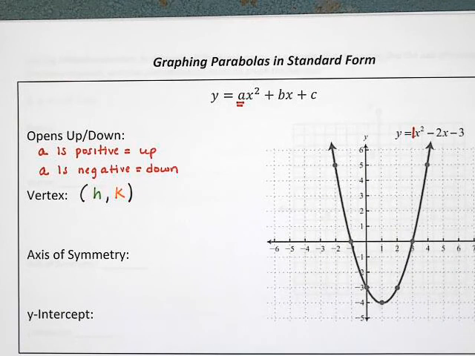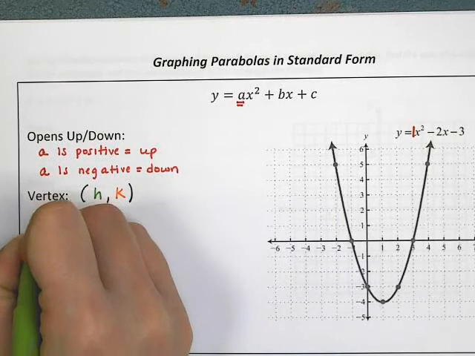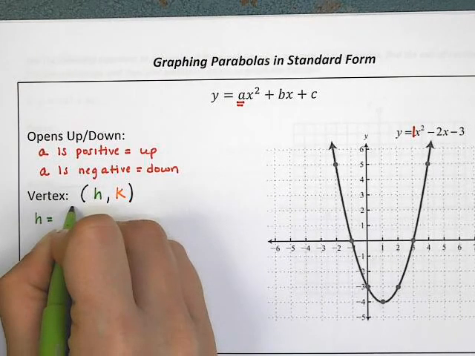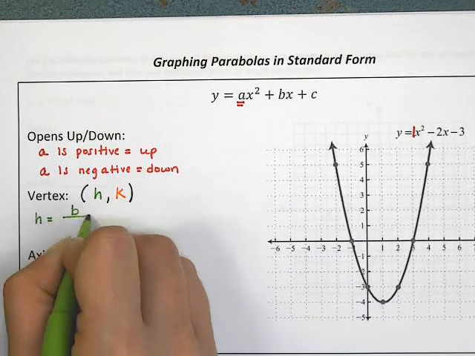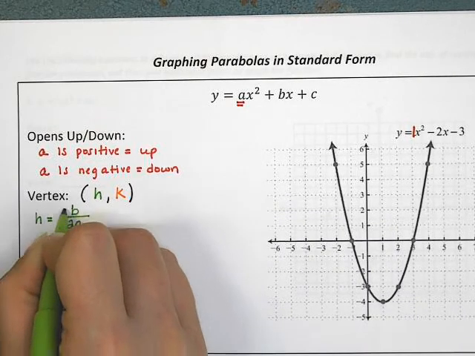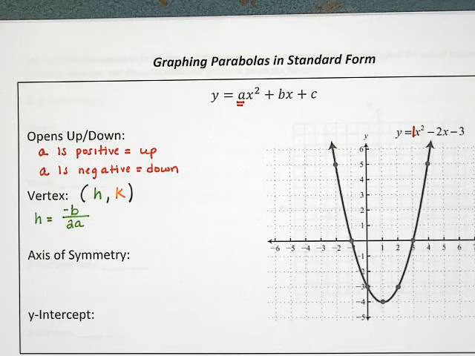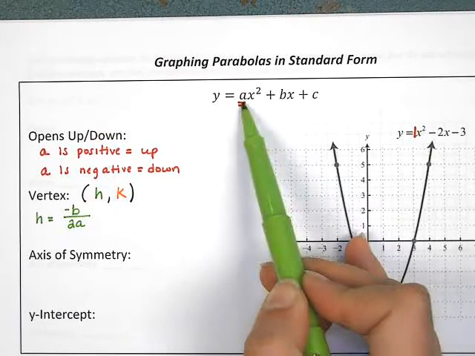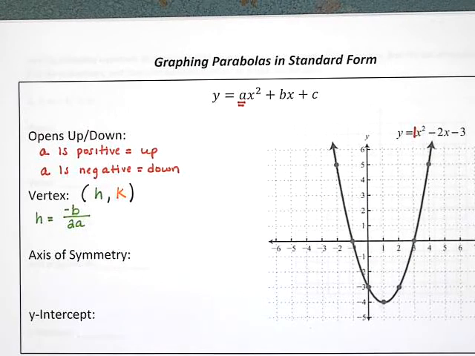We're going to actually have to do some calculations. So to calculate your h, you're going to use the formula negative b over 2a. What that means is you're going to take the numbers from in here, the b and the a, and you're going to plug them in here to calculate the number for your h.